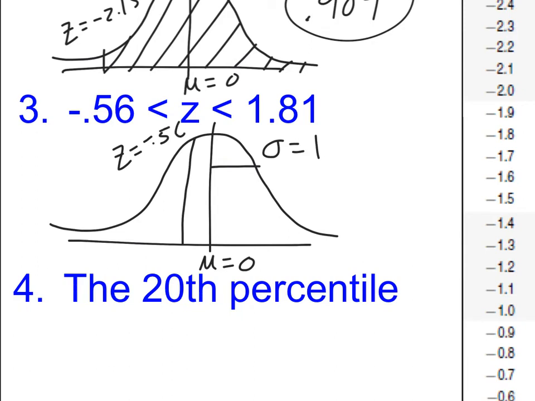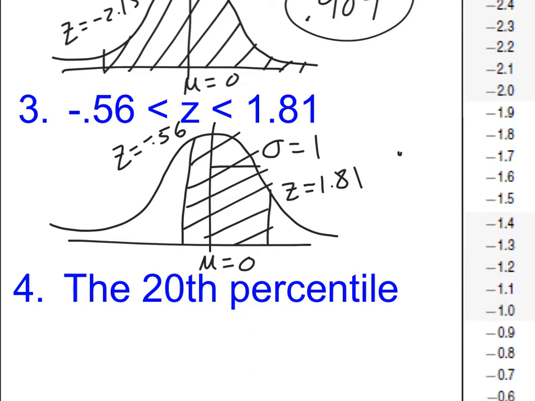Okay, so I should have on my sketch that negative 0.56 is a little bit below the center, and then 1.81. That's quite a bit above. And then I'm looking at these outcomes that are in between, which is about 67%.